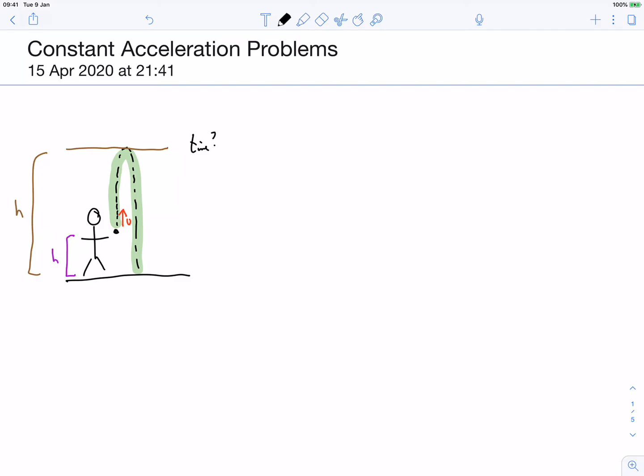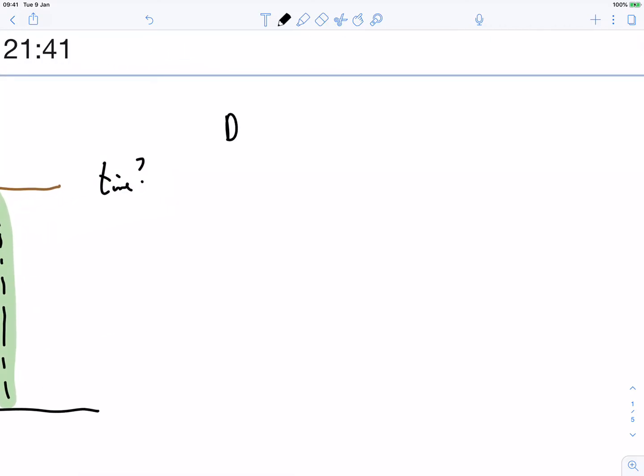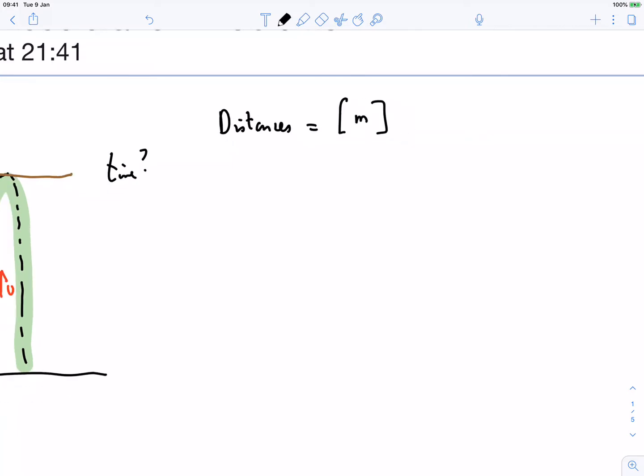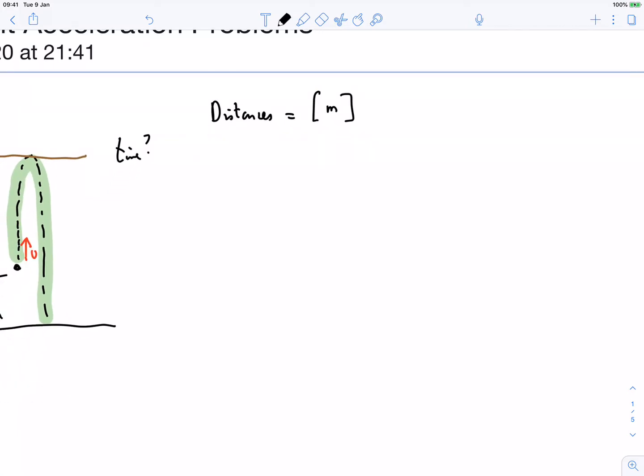Just so that we're all clear, whenever we're talking about distances, generally we're talking about meters. When we're talking distances or displacements, and I'll talk about the difference between distance and displacement.